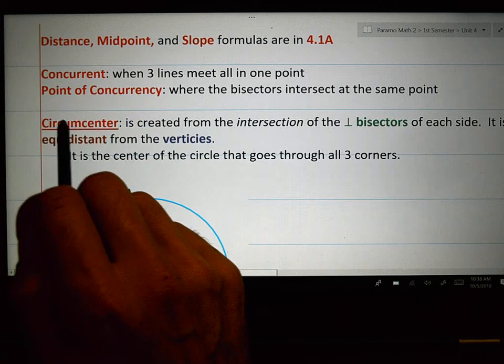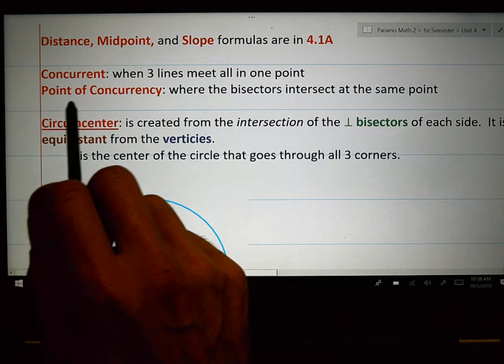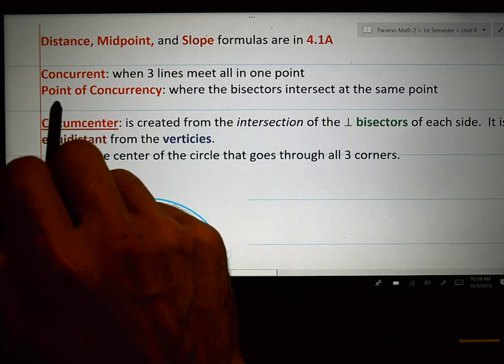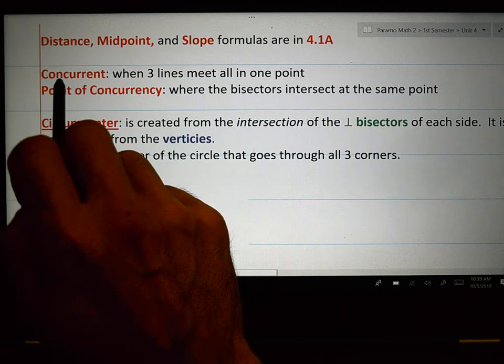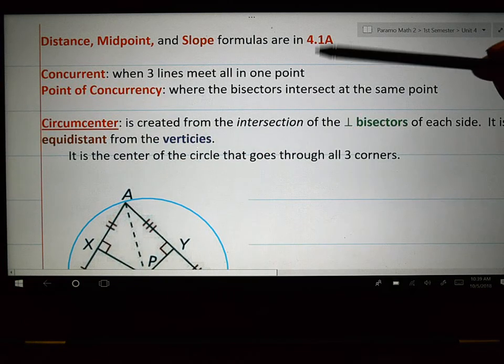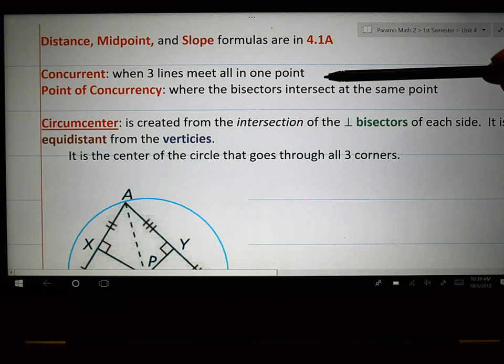Your worksheet's also going to see if you know what these two words mean, the word concurrent and the words point of concurrency. The word concurrent means when all three lines meet at one point. There are several things about triangles that are concurrent. You're going to learn in 4.2 that the perpendicular bisectors of a triangle's sides are all concurrent.